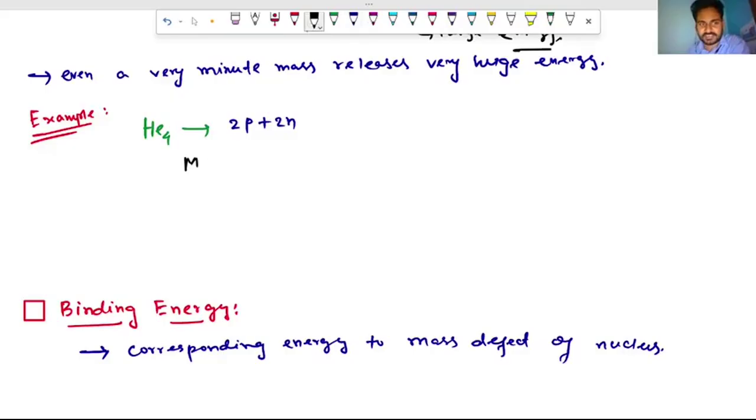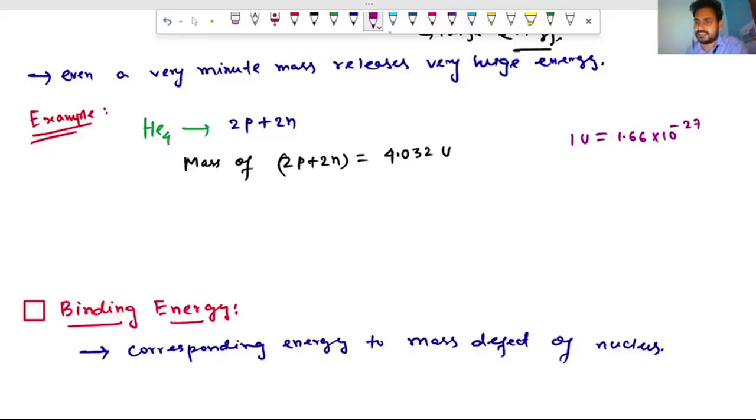Okay, so let us find the mass of 2 protons and 2 neutrons. It is approximately 4.032 U. What is U? U is the atomic mass unit. It is a unit of mass, and how is it related with kg? It is approximately 1.66 times 10 to the power minus 27 kg.